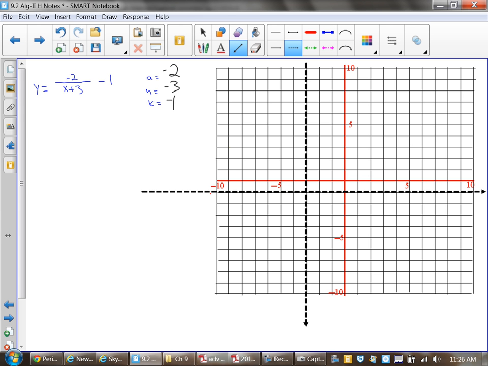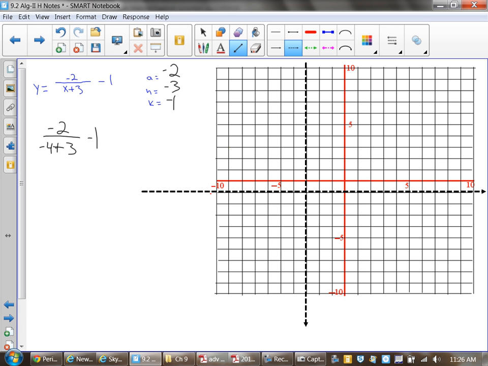So, how do you figure out your points? All you have to do is pick 2 points to the left of your vertical asymptote and 2 points to the right of your vertical asymptote and plot them. -4. -2 over -4 plus 3, minus 1. Sorry, why did I write plus 1? Anyway, is that better? Sorry about that.